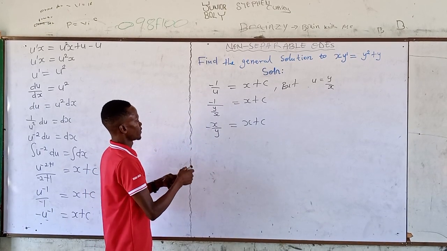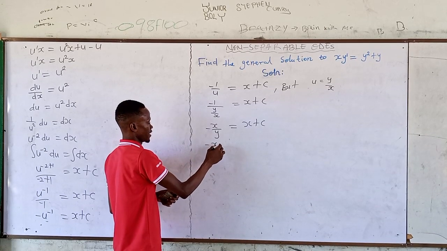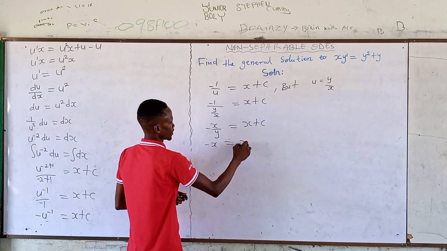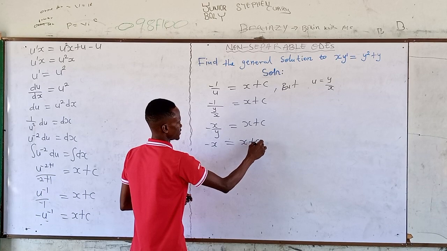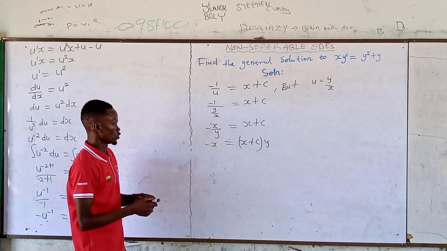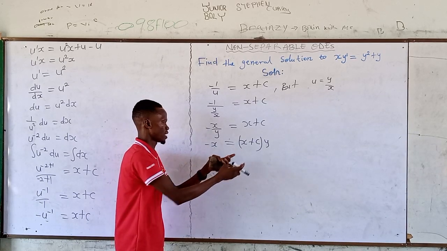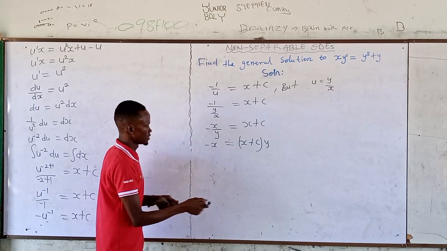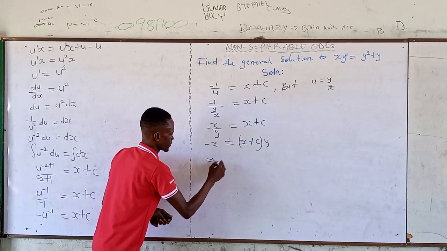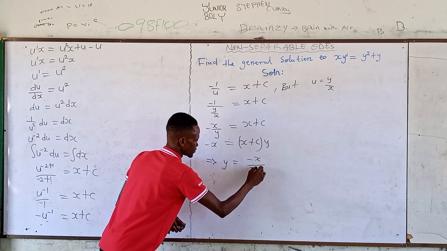And so we can multiply both sides by y. So therefore we have negative x to be equal to what? x plus c all multiplying against what? y. So when we do this, we can make y the subject by dividing both sides by x plus c. And so we have y to be equal to negative x over x plus c.